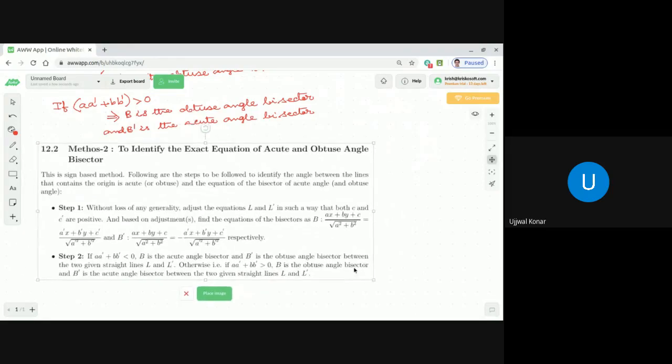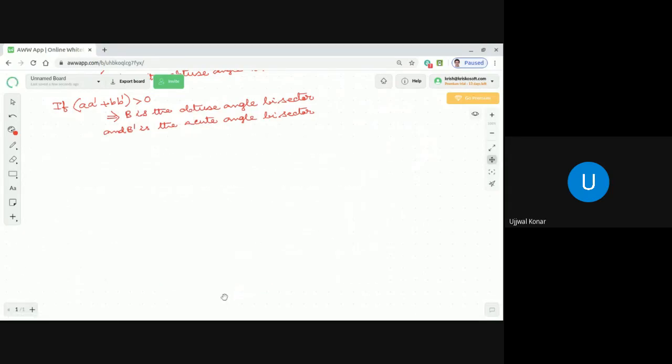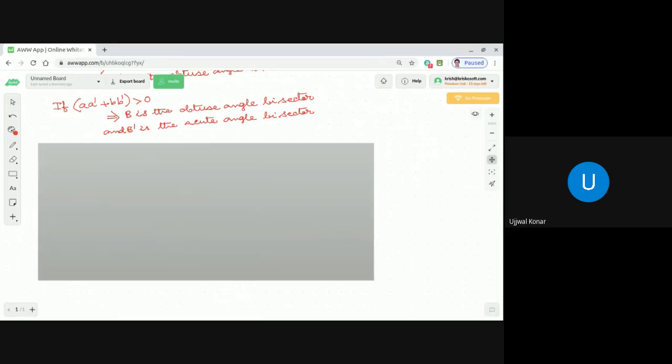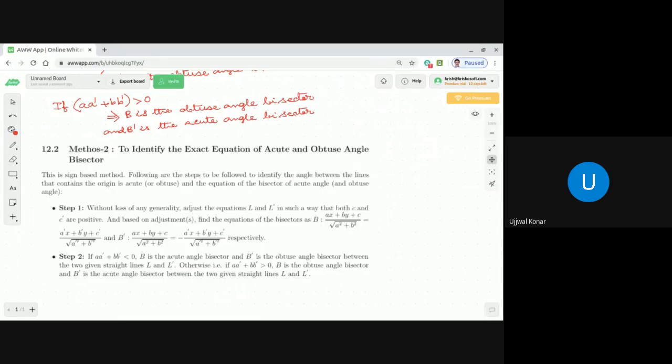Okay, and at the same time we are also finding whether the signs of the constant terms c and c dash are same or not, and that is why this adjustment has been made. Okay, adjust the equation L and L dash such that both c and c dash are positive, and you can go through this statement.